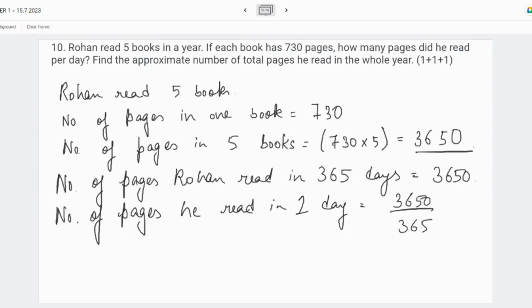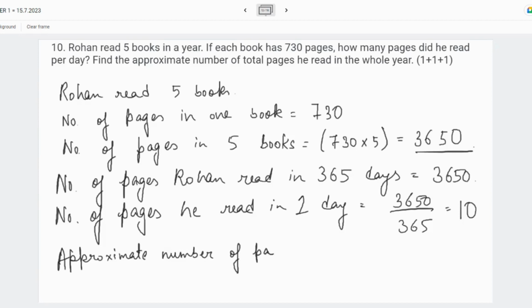I have to find out how many pages he read in one day. If it were in 1 month, in a year there are 12 months. So if the question was how many pages did he read in 1 month, then I would have divided 3650 with 12, because then the unit would have been month, not days. But in this question it is given days, so I have divided with 365 days, and I got the answer 10.